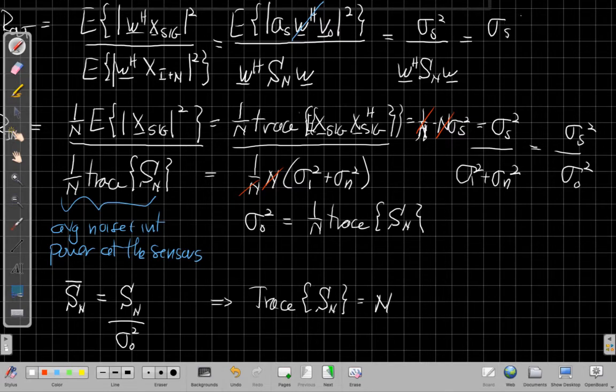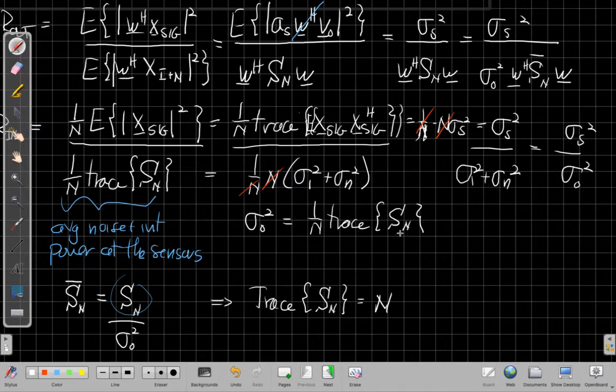Looking ahead, if I take this factorization and put it in up here, I can have sigma naught squared times S n bar, and I can pull that sigma naught squared out front. And so I'll have W Hermitian times S n bar, the normalized spatial covariance of the noise and interference, times W. Looking ahead, when I go to compute the array gain, I'll have something that looks like this.